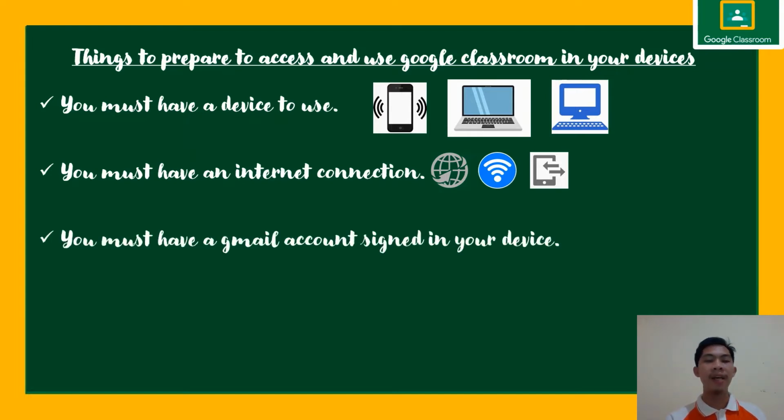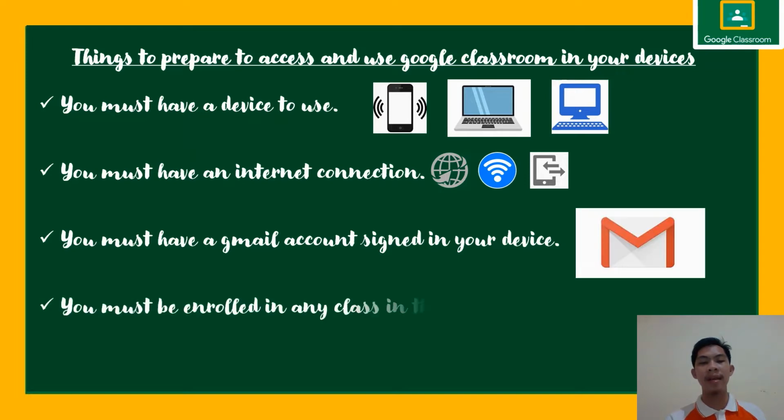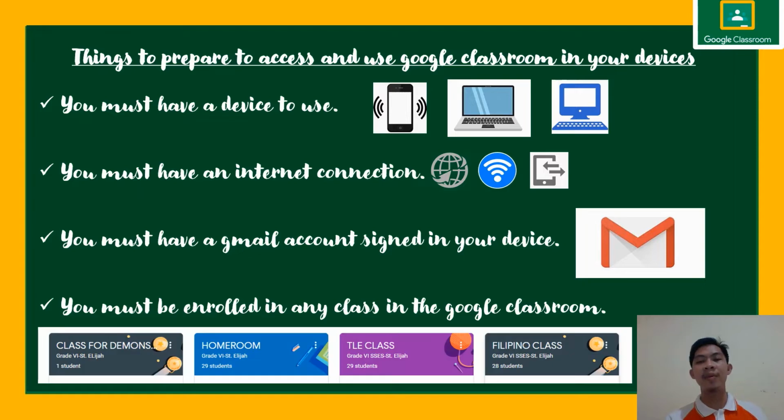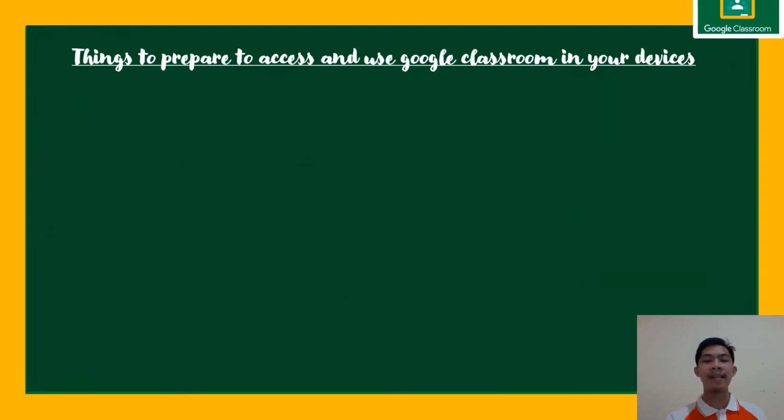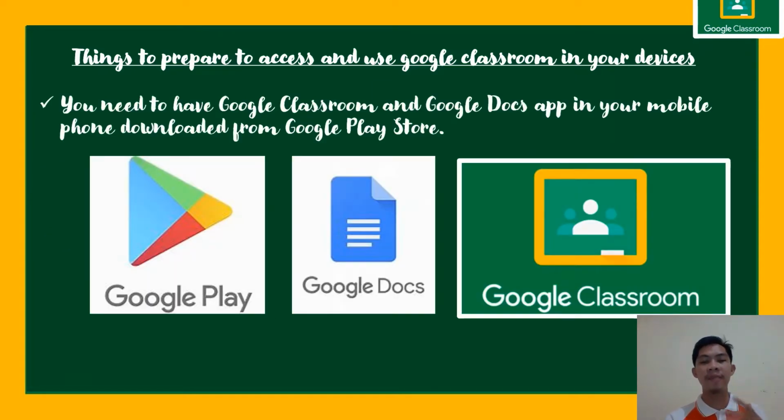Followed by a Gmail account signed in your device. And also, you must be enrolled in any class in the Google Classroom. And lastly, for this example, you must download Google Classroom and Google Docs app in your mobile phone from Play Store. So let's start.